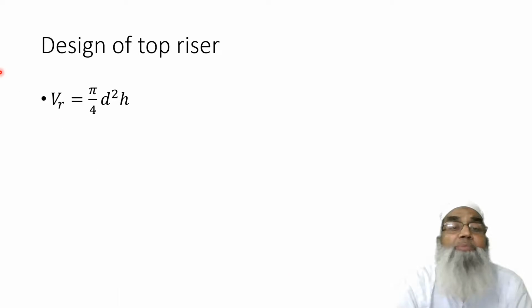We know the volume of the riser is equal to 3 times the shrinkage that has taken place, and this gives the dimension of the riser.